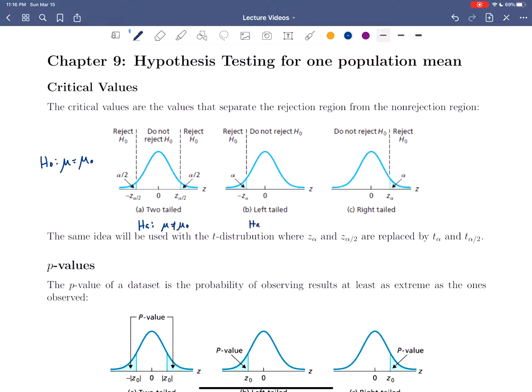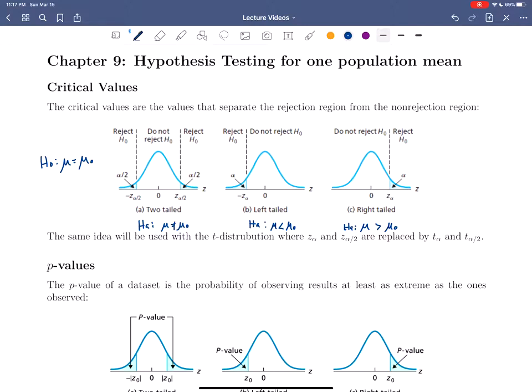If it's left-tailed, the alternative hypothesis is that mu is less than mu naught, and if it's right-tailed, the alternative hypothesis is that mu is greater than mu naught.